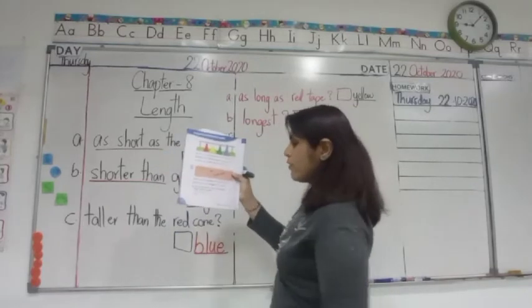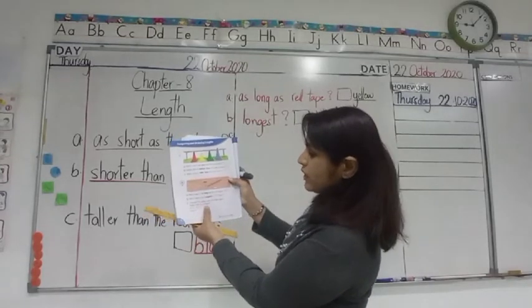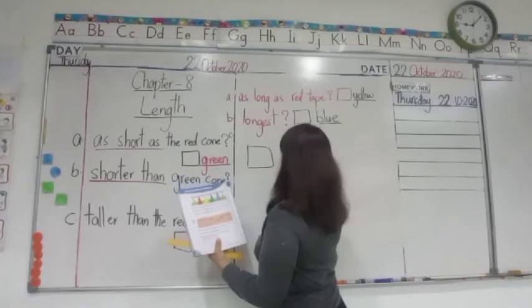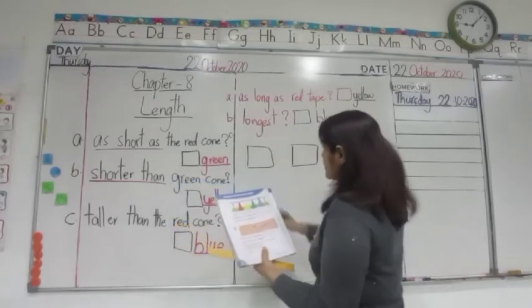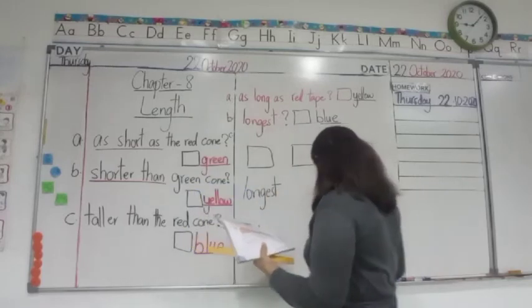Okay, now let us see. You have to arrange green, red and blue tapes beginning with the longest. So I have to write in the box starting from the longest. Which tape is the longest?